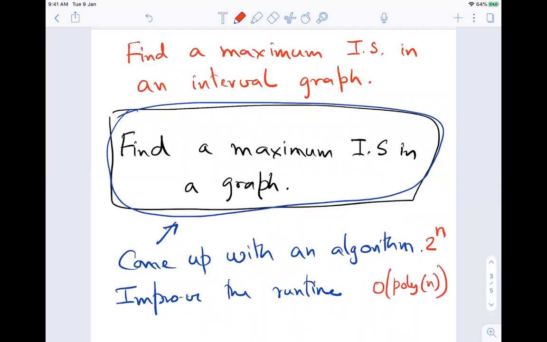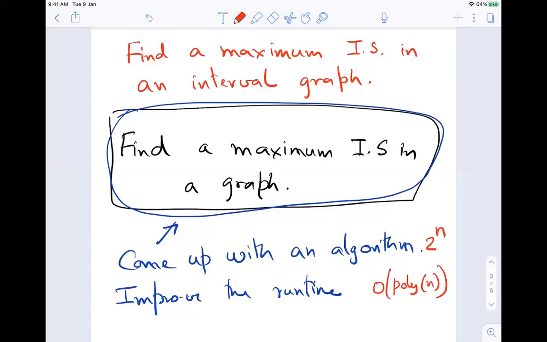Can you do it? Think about it. It is actually a very important question that can be asked.